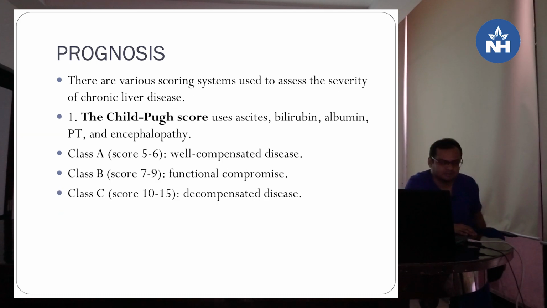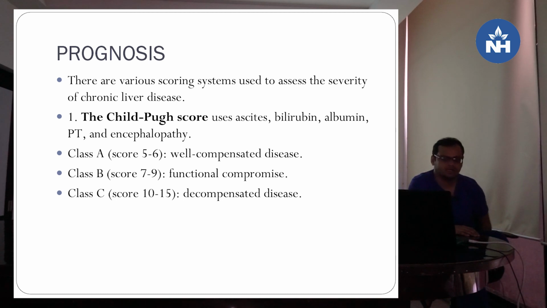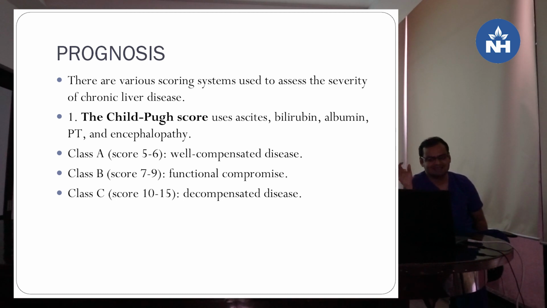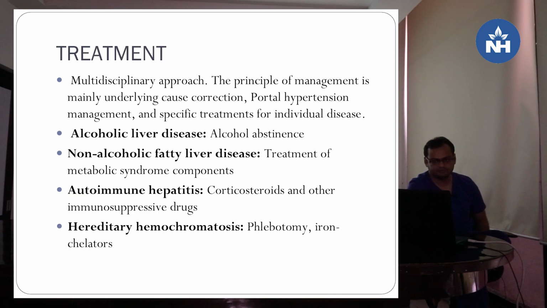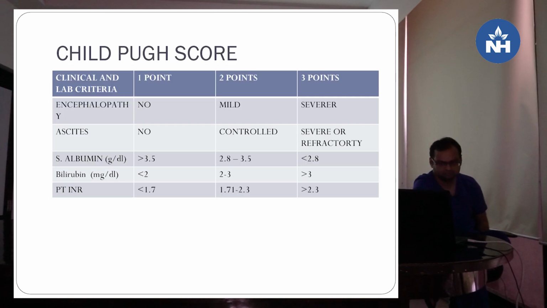Of the scoring systems, two are more commonly used. One is the Child-Pugh score, which uses ascites, bilirubin, albumin, PT and encephalopathy. Each has three grades, 1, 2, 3, according to the value. Like bilirubin more than 2, albumin more than 3.5, 2.2 to 3.5, less than 2.2.